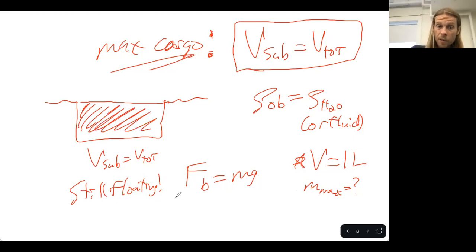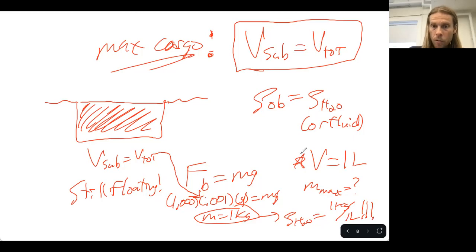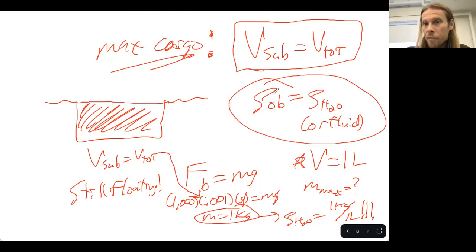So I have FB being 1,000 times V sub, which is now 0.001, times g equals mg, and I'll cancel that, and I get mass equals 1 kilogram. Why does that make sense? Because the density of water is 1 kilogram per 1 liter. Right? So the density thing becomes like an afterthought.